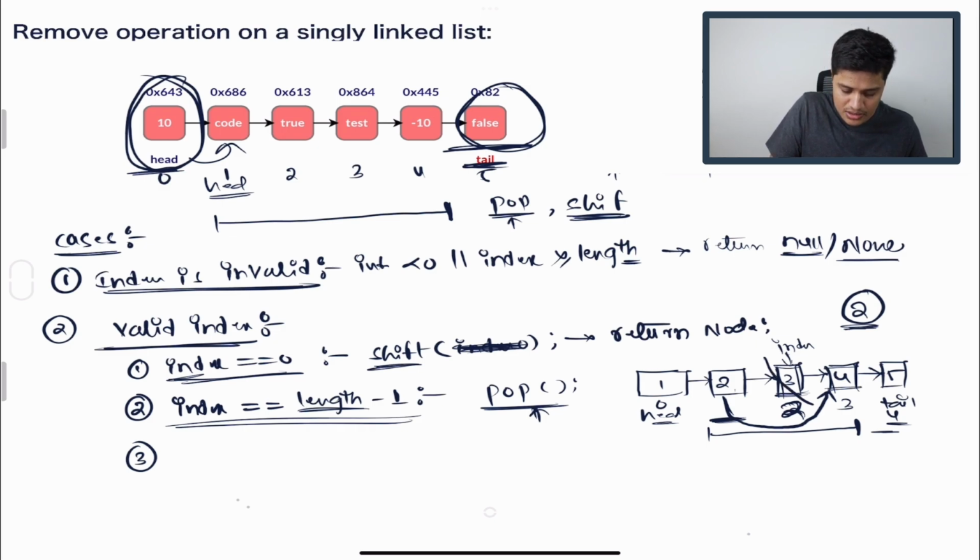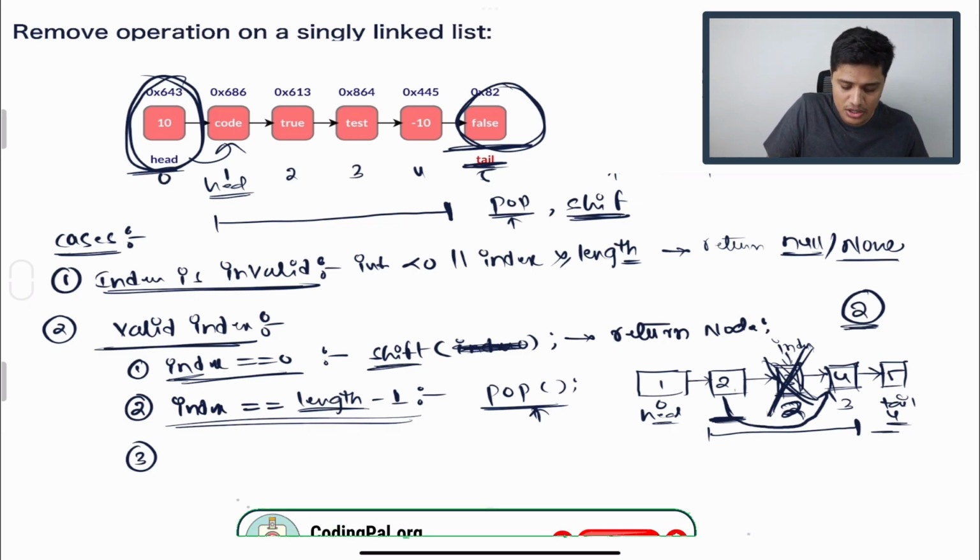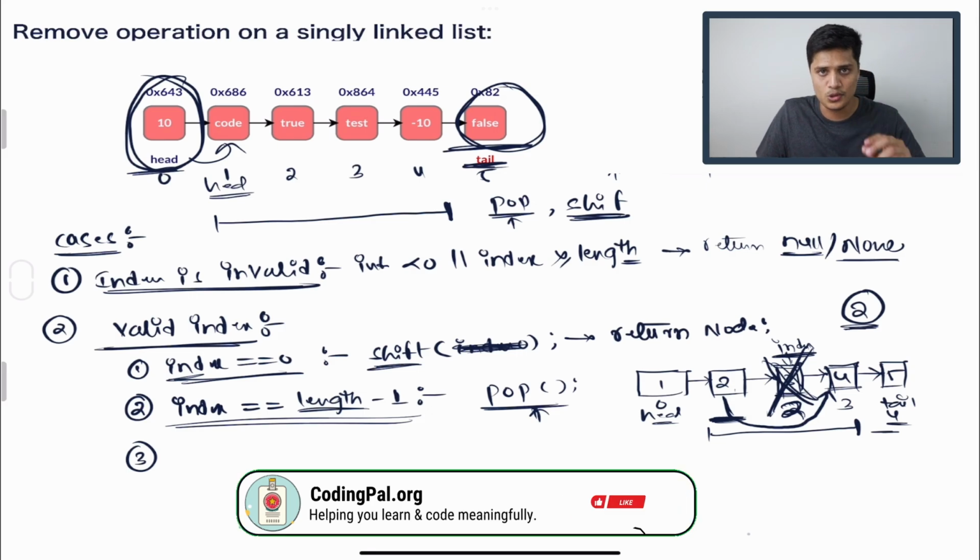In that way, this node is actually getting deleted. Okay, I hope you understood. First we will get the node at index minus 1th position, because in that node we have the reference of the node at the indexed position. Then we will simply update that next value with the next of the node that is at the indexed position.